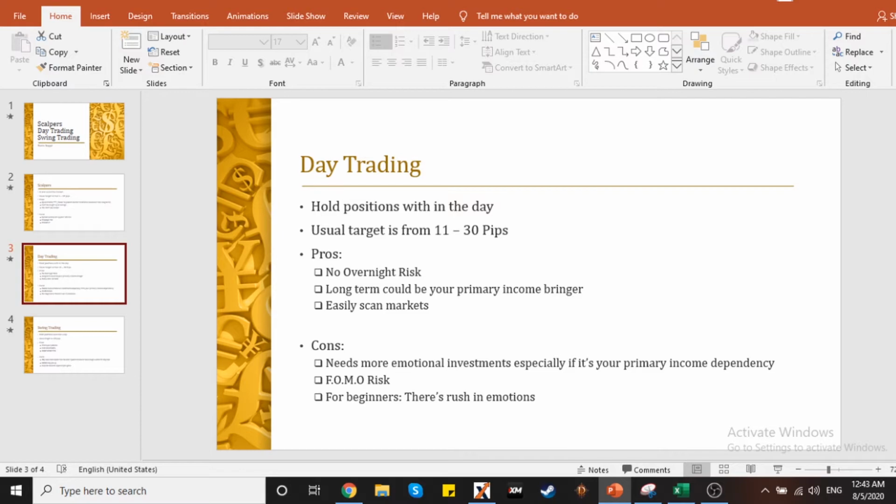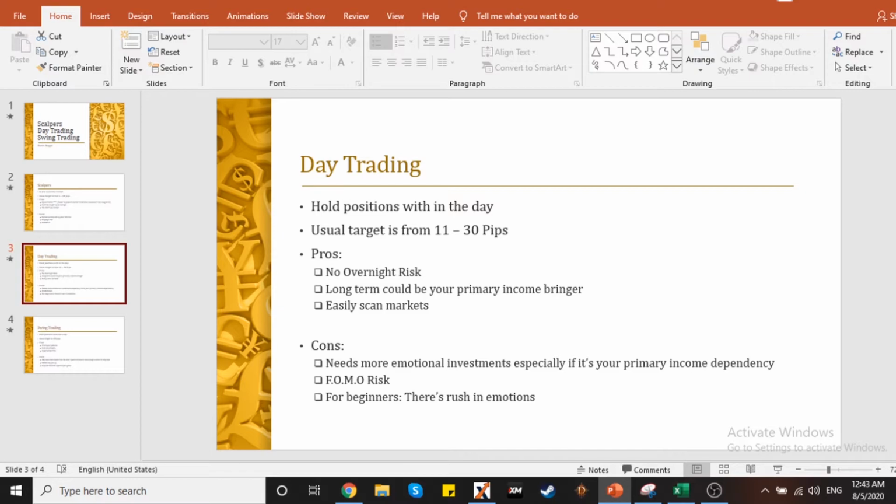Second advantage is in the long term, kung sobra kang nag-invest sa learning Forex trading, long term, it could be your primary income bringer. Yes.